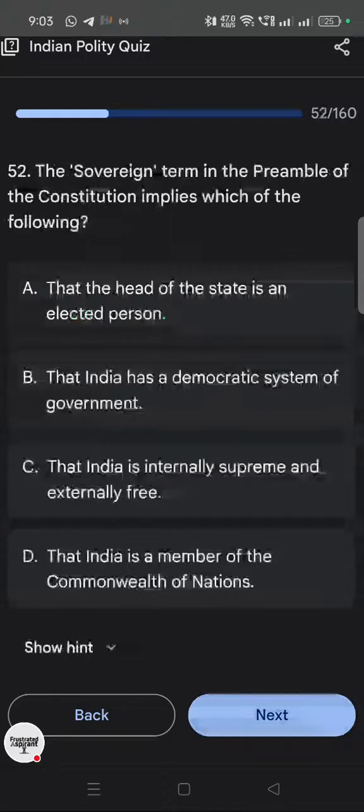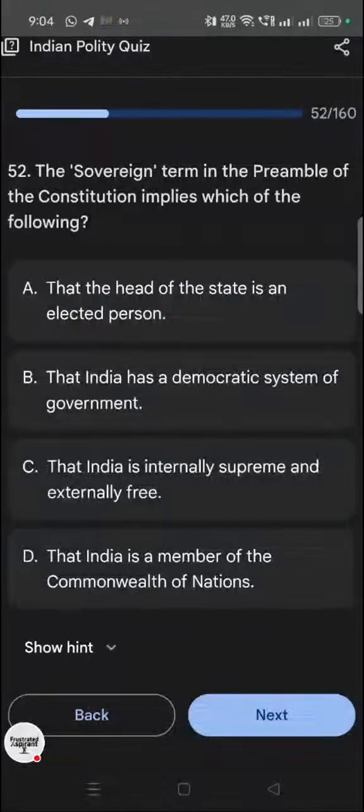The term sovereign in the preamble implies each of the following. Sovereign means the head of the state is an elected person, so India has a democratic system. India is internally supreme and externally free.